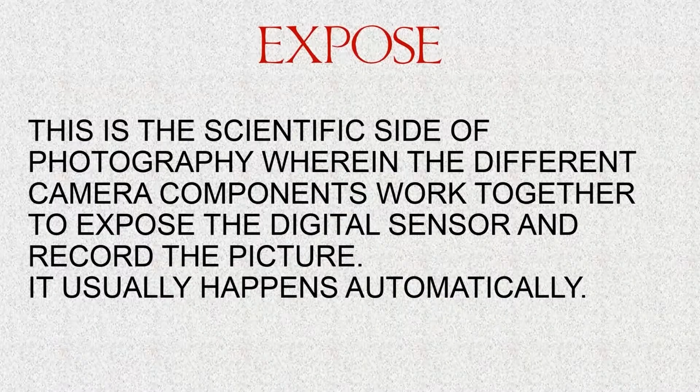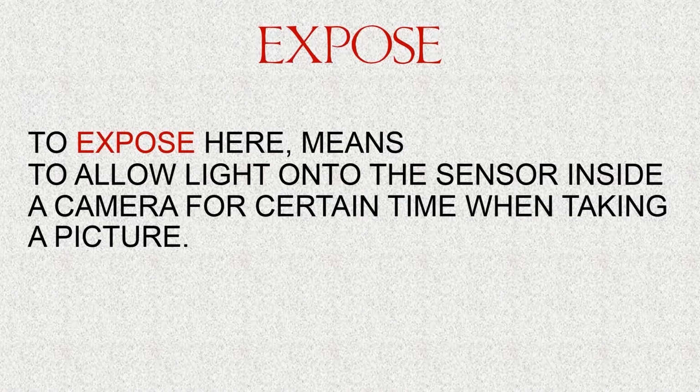Expose. This is the scientific side of photography, wherein the different camera components work together to expose the digital sensor and record the picture. It usually happens automatically. To expose here means to allow light onto the sensor inside a camera for a certain time when taking a picture.